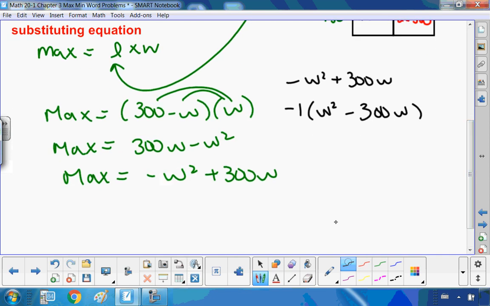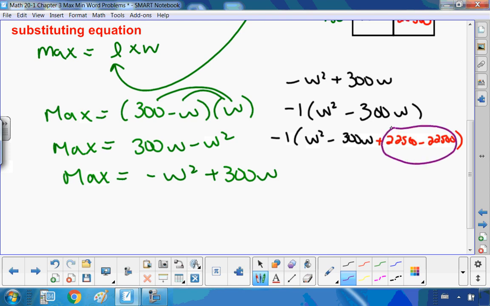So let's go down here, and inside the brackets I am going to add 22,500 and also subtract 22,500. Nothing outside my brackets. Now I know that this is okay because 22,500 take away 22,500 is really 0, and I can add 0 to any equation without changing its value.